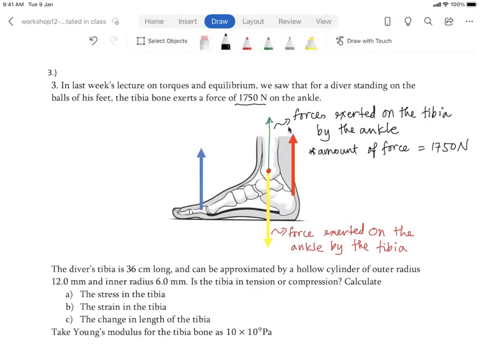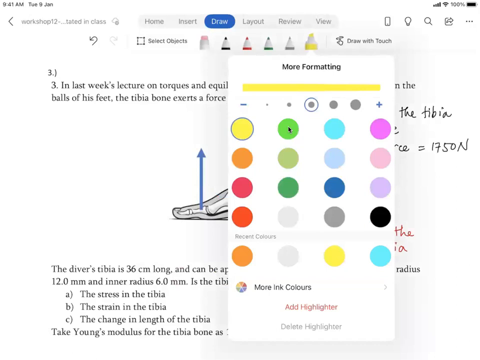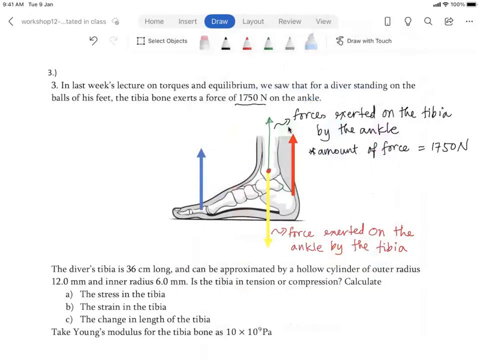So if you notice here, this is the tibia bone. I'll just change colors to make it easier to see. So the tibia bone is this thing, and the force that's being exerted on the tibia is this upward force.